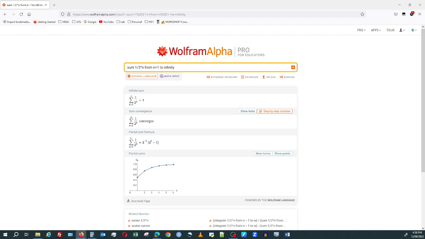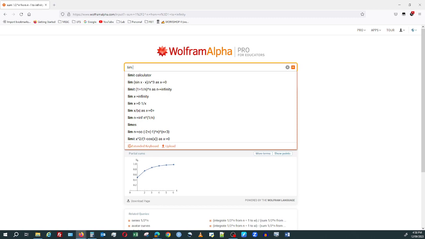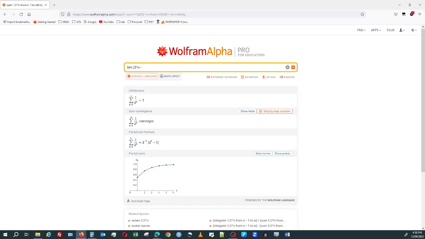We have the limit of 2 to the n divided by 2 to the n minus 1, the limit as n approaches infinity.